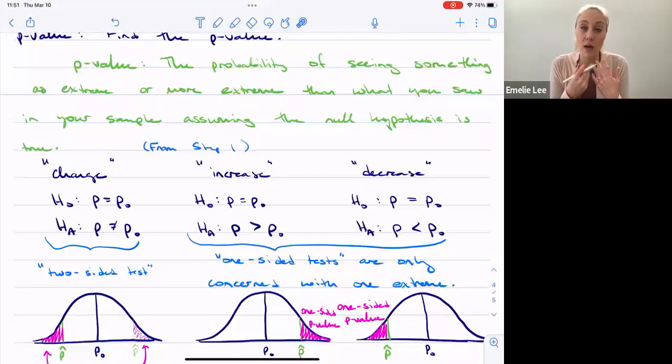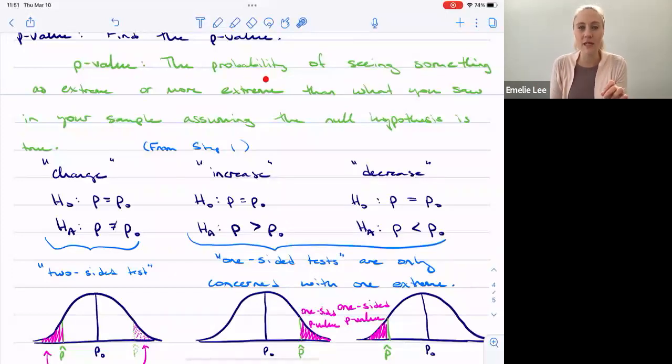So I would recommend you memorize the p-value definition, so the probability of seeing something as extreme or more extreme than what you saw in your sample, assuming the null hypothesis is true. Okay, and so now if this probability is really small, right?